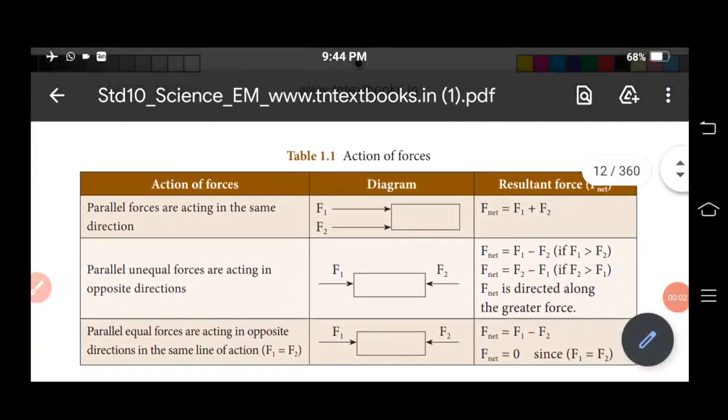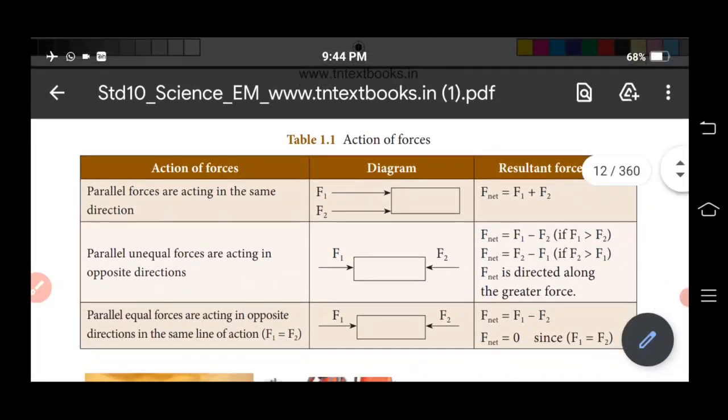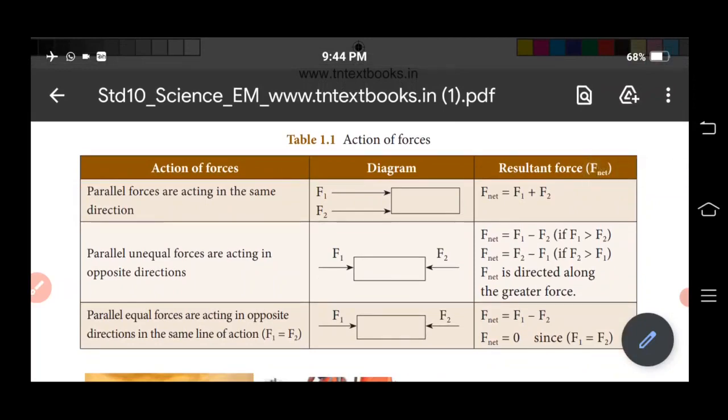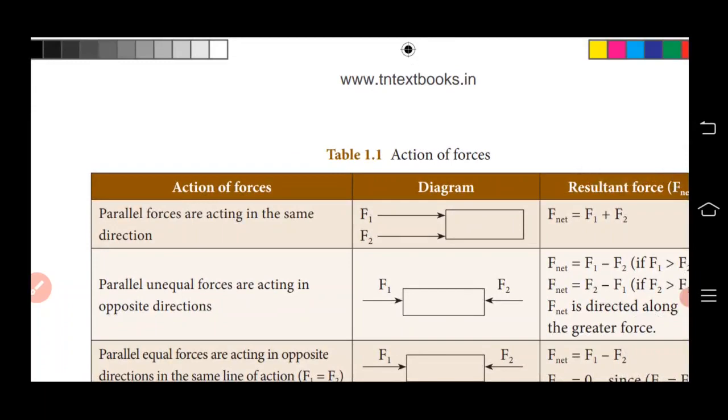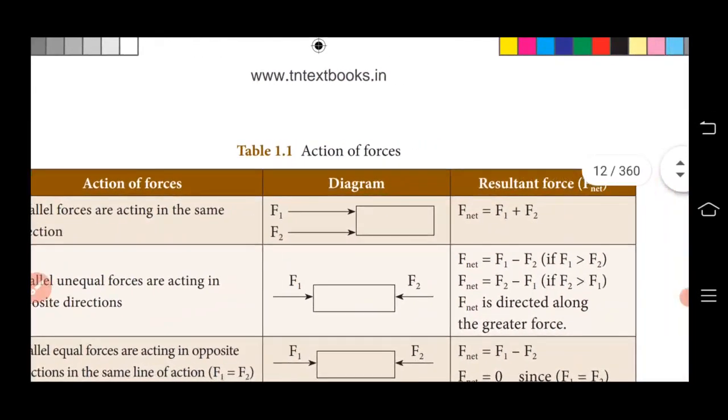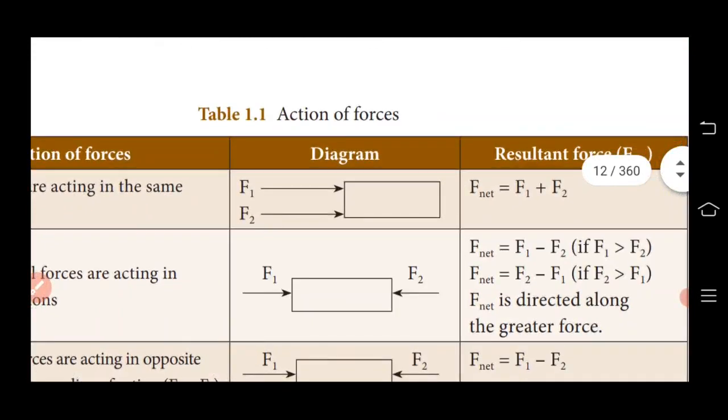Students, this is the tabular column to show the action of forces. In the first one, parallel forces are acting in the same direction. See the diagram. Here two forces are given, F1, F2, acting in the same direction, parallel to each other.